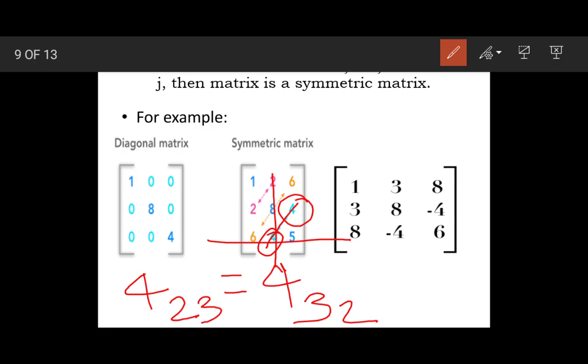So symmetric means, forget the diagonal elements, and all the non-diagonal elements will be the same. That means above the diagonal and below the diagonal, there are the same elements. So this one is known as a symmetric matrix.